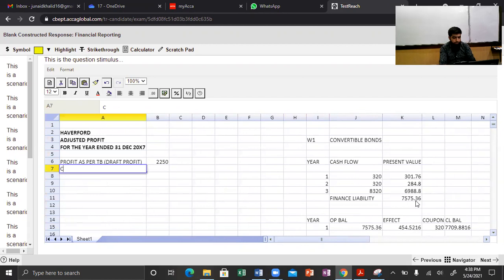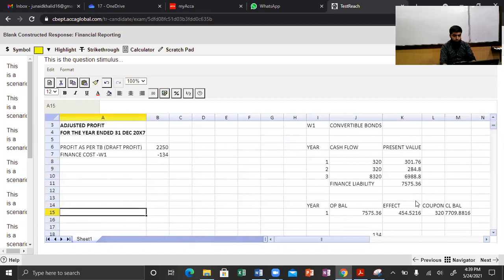That is the convertible, or we can say the finance cost. For reference purposes, we are going to link working one, that is 134 is required to be adjusted, that is minus 134 for finance cost.